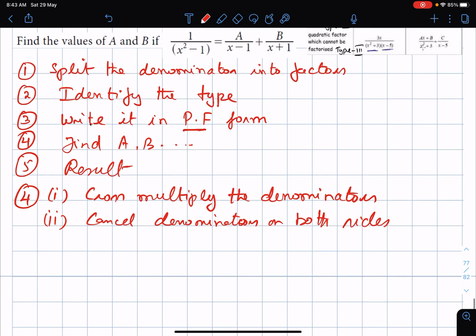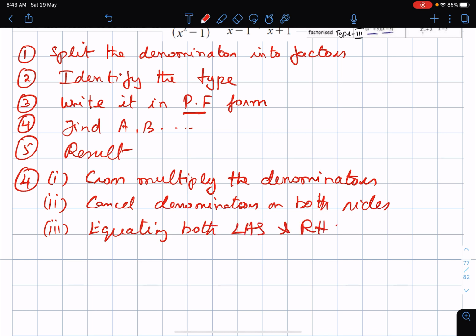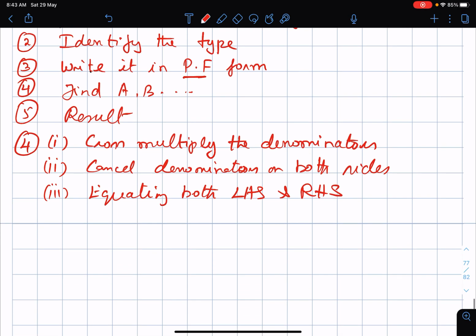In that numerator, equating both sides, LHS and RHS.